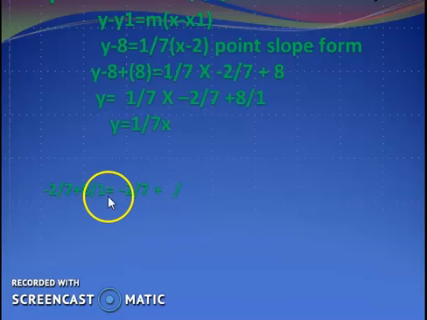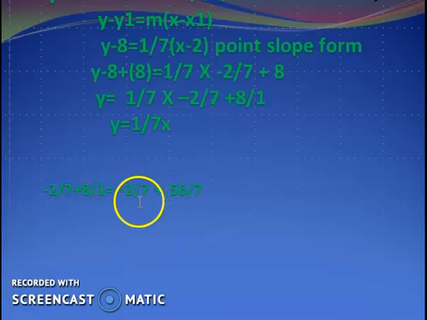So what number can we multiply 1 by to give us 7? 7 times 1 is 7. If you multiply the denominator by 7, you need to multiply the numerator by 7. So 7 times 8 is 56, and now our fraction is 56 over 7.